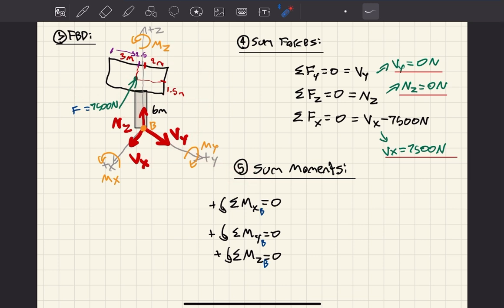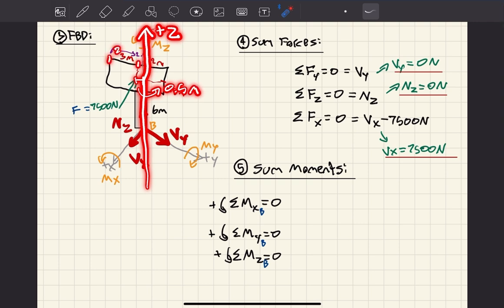Same way in the z direction. If we draw the z-axis right here, one thing to note is that it will do a clockwise moment. We define counterclockwise as positive, and therefore that moment will be negative. Same thing right here, away from the z-axis it is, if you look at the diagram, trust me, 0.5 meters, and I'll even explain it.